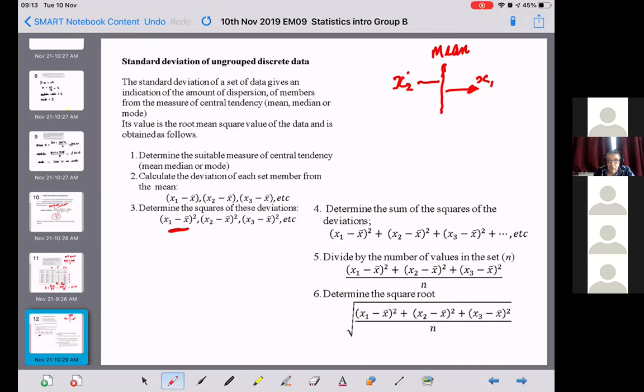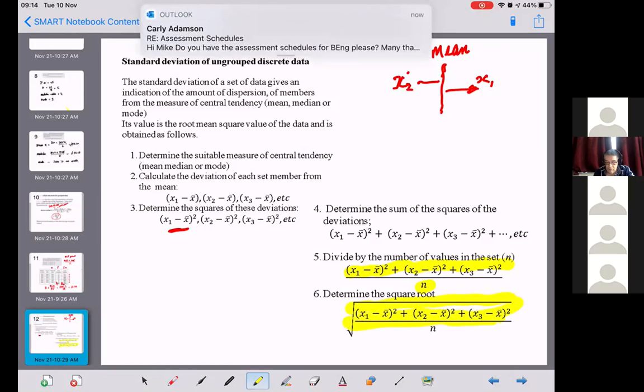So we find the deviation, and we square the deviation. Then we add all of those squares together to get a total, divide by the number of values in the set, and then take the square root of the result.